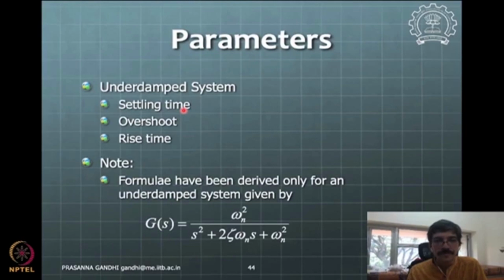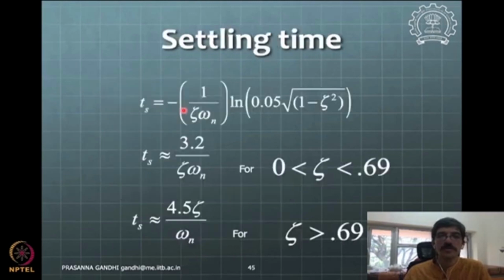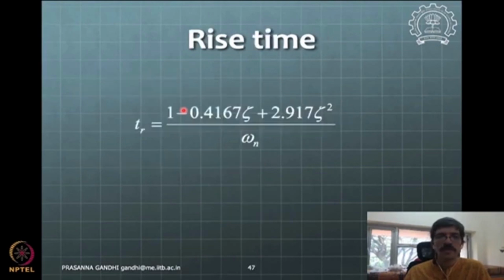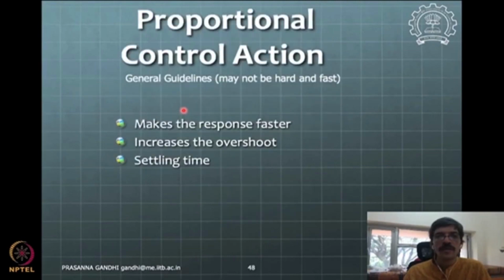These are the typical parameters that we define. This formula is given in the slides. You can go through them to make use of them in the pole placement problem or in a simple second order system problem. These are some of the general guidelines that one should be aware of.